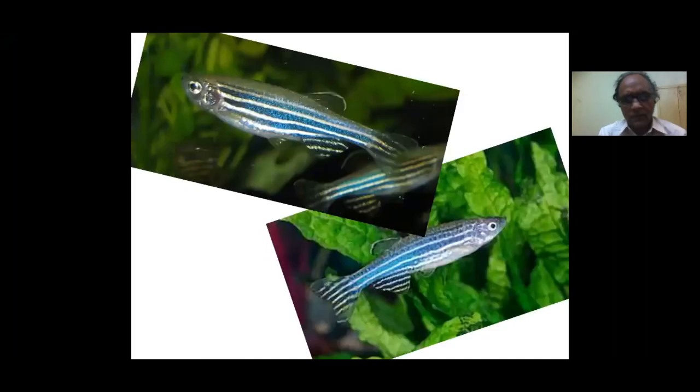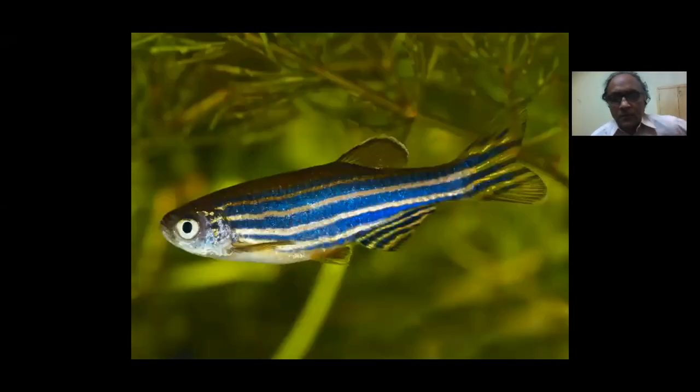At the outset, I will dedicate this lecture to the thousands of zebrafish. This is zebra danio, the zebrafish, on which a substantial amount of experimental work was done for understanding tubular physiology.